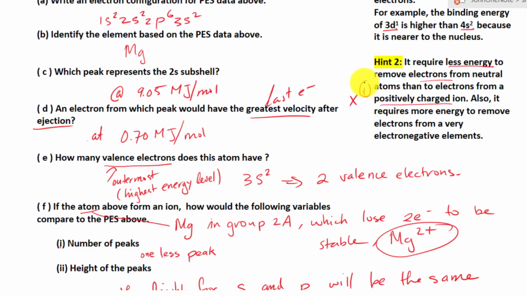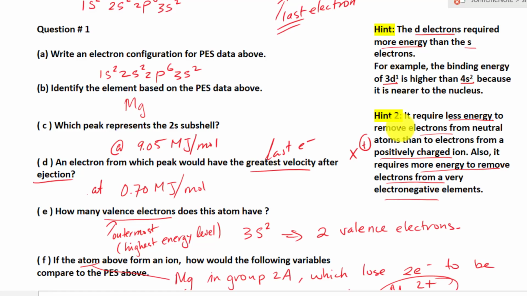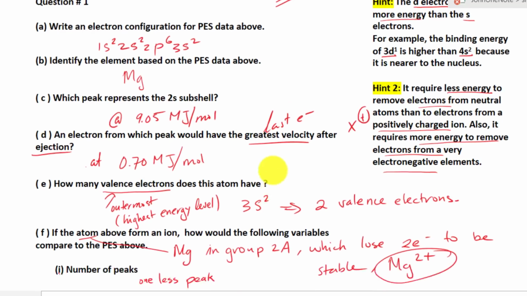Therefore, it requires more energy to remove those electrons. And likewise, it requires more energy to remove an electron from a very electronegative element, because electronegative elements like fluorine and chlorine want to gain electrons to be stable. So they're not going to give up the electron easily. These are the two pieces of information that they may use to make the question more challenging for you.